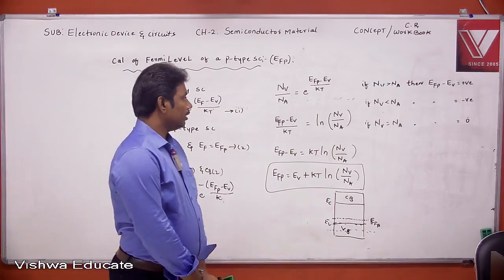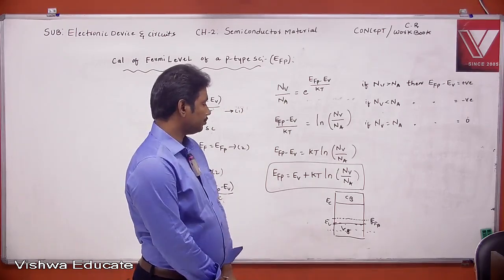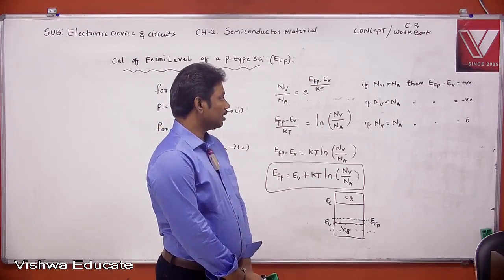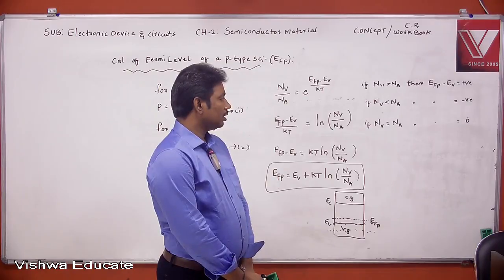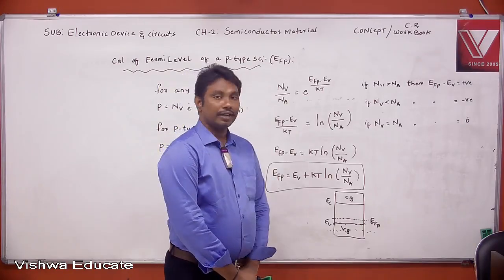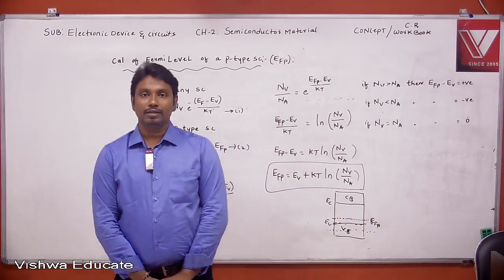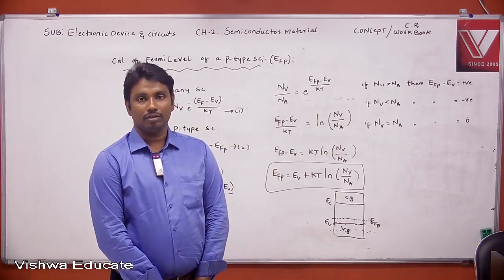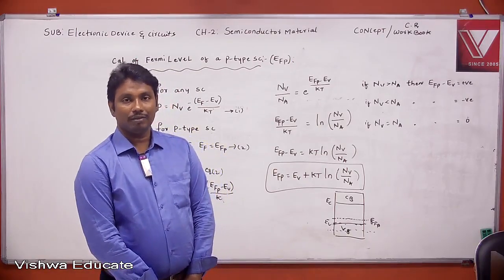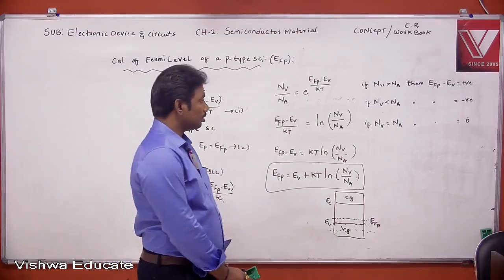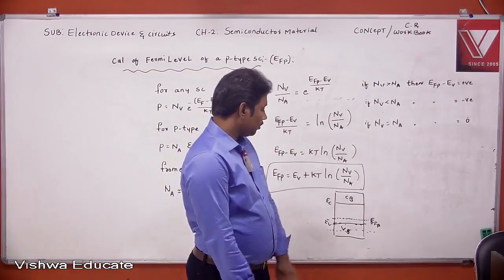Second point, if NV is less than NA, then EFP minus EV equals negative. That is, the Fermi level lies within the valence band.